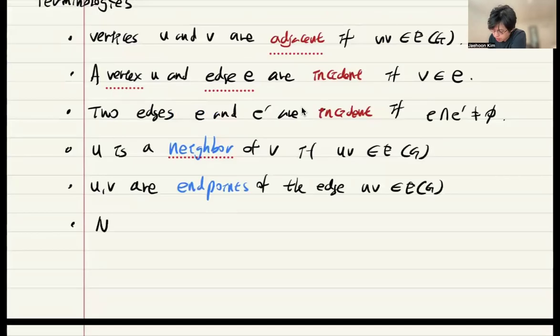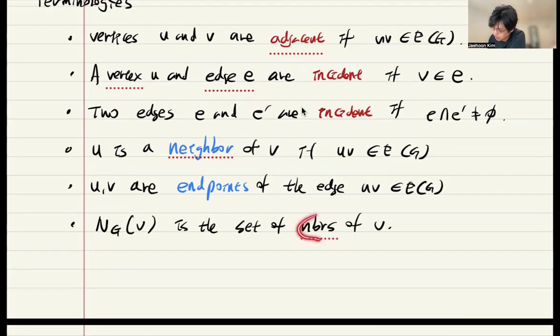And we write capital N sub G of V for the set of neighbors of V. Oftentimes I just write nbr instead of neighbor, and also just write vtx instead of vertex.